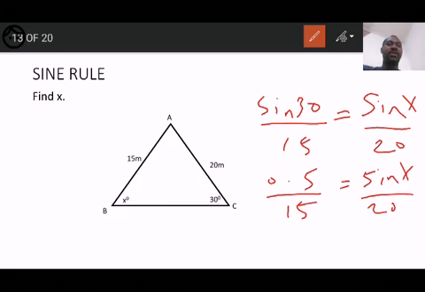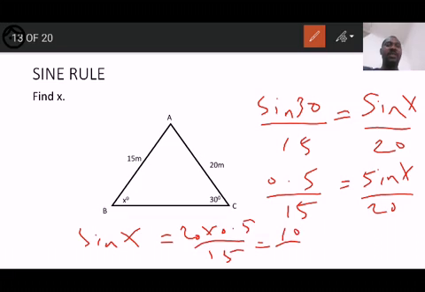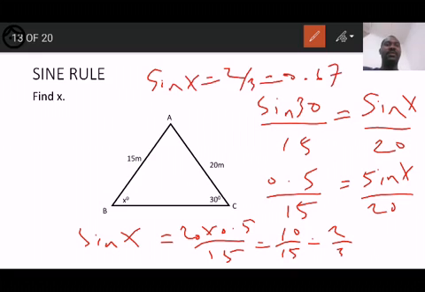When we cross multiply, we get that sine x is equal to 20 times 0.5 all over 15, which is 10 over 15, and 10 over 15 is 2 over 3. So sine x is equal to 2 over 3. Now 2 over 3 also means 0.67, and so x is going to be equal to sine inverse of 0.67.